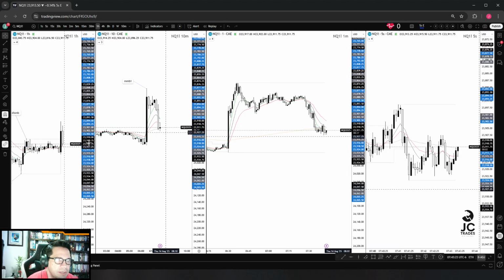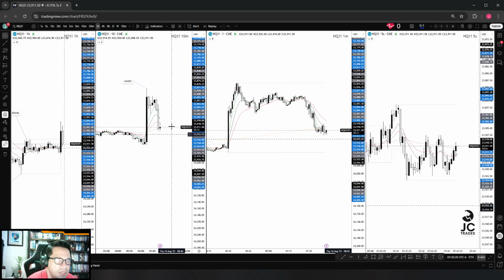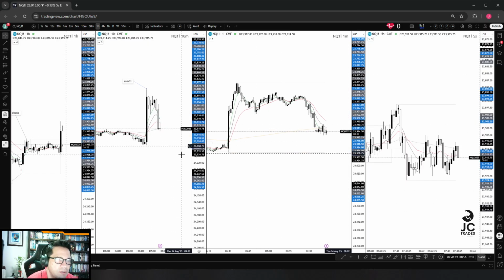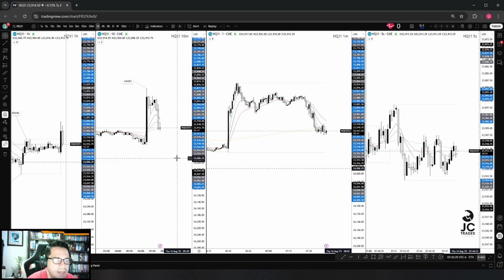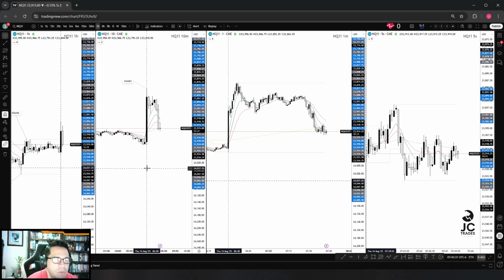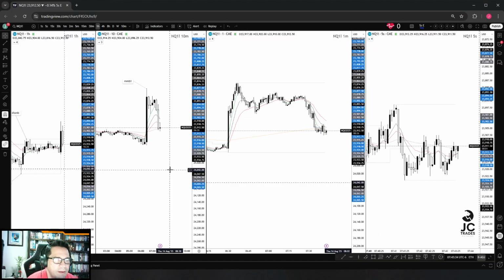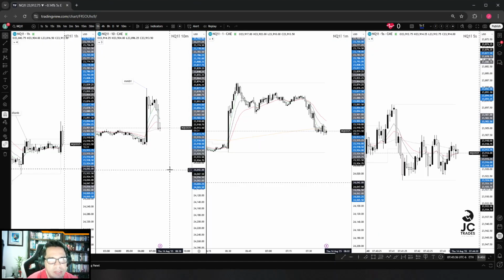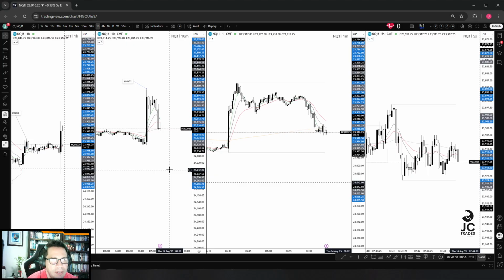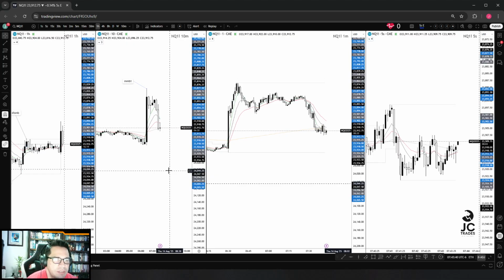if price starts building some sort of stage 1 here and then the start of a new bearish cycle. So we have to wait at this time before we can take any follow-up and trades into this session.